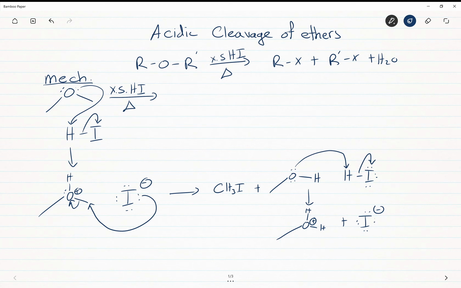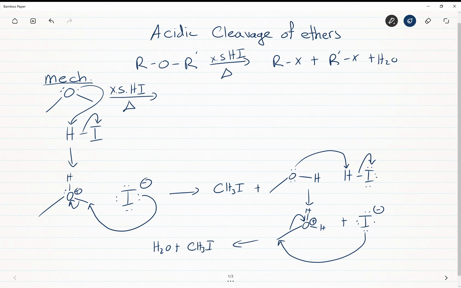We have a good nucleophile, we have something that is a good leaving group, and so we're going to see this backside attack, and we're going to see water leave in this last step. We have now formed water, and again, CH3I. Okay, it doesn't matter how long your ether chains are, it will perform this reaction no matter what.